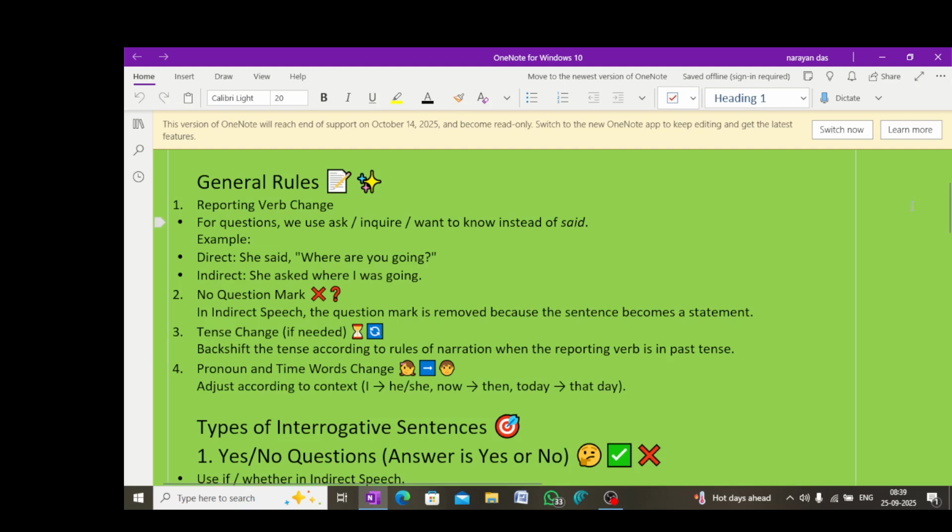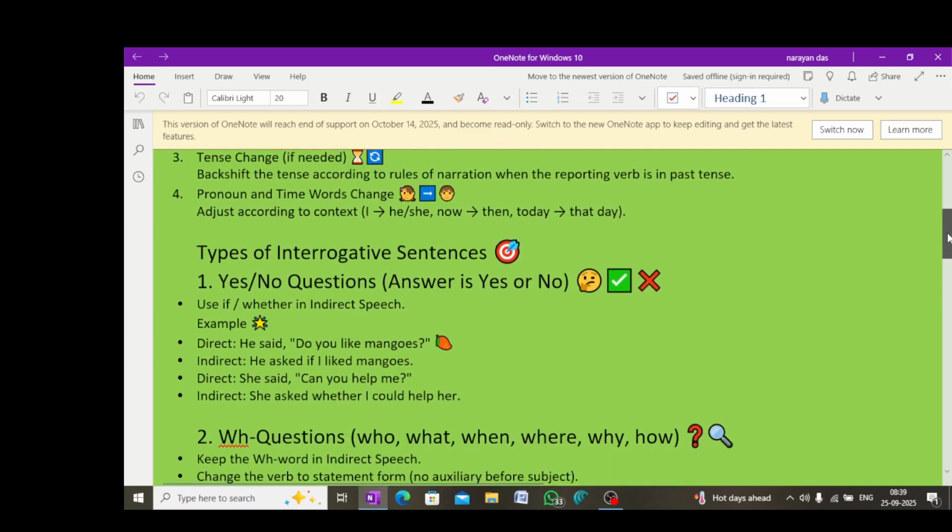Now types of interrogative sentences. Yes/no questions, which can be answered with yes or with no only. Use if, whether in place of that in the indirect speech. Direct: he said, do you like mangoes? So this is a yes/no question.